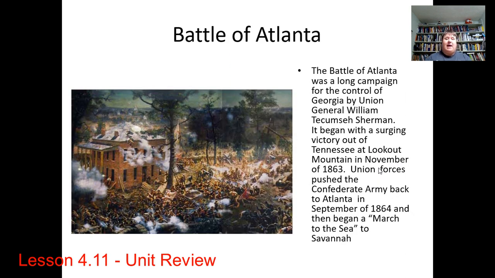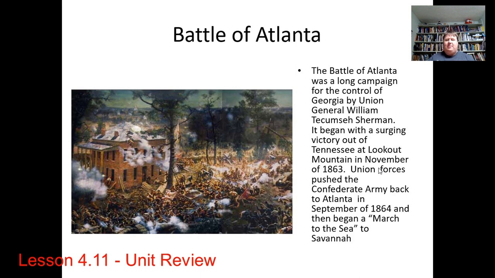The Battle of Atlanta is another big battle where Sherman was basically destroying the city and every little bit of infrastructure he could find, all of their little factories and all of these things. He had come out of Tennessee and Lookout Mountain, and he pushes the Confederate Army back into Atlanta, and eventually Atlanta is going to fall.